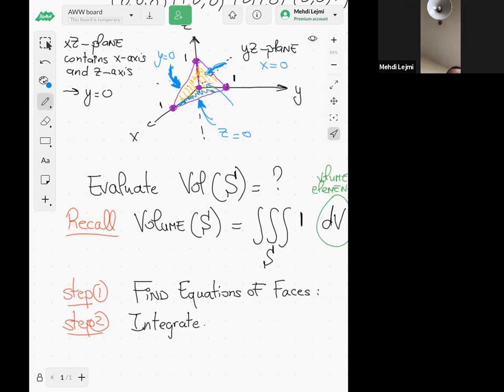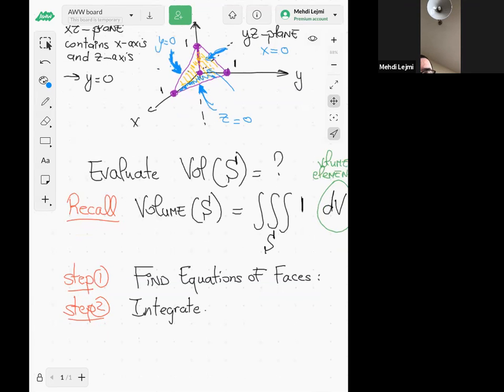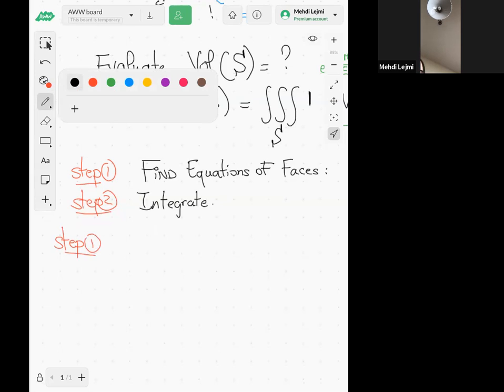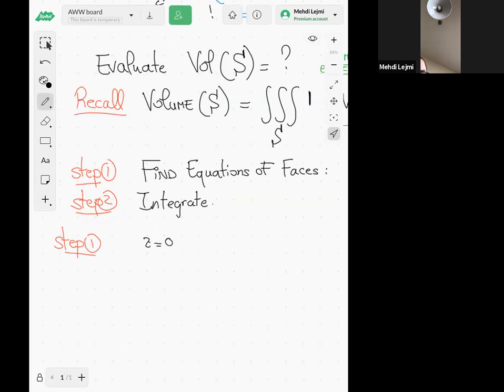Now the fourth face, the one which connects the points 1, 0, 0, 0, 1, 0 and 0, 0, 1. Let me write down the equations we have so far: z equals 0, y equals 0, x equals 0.